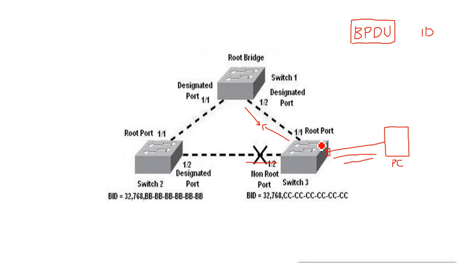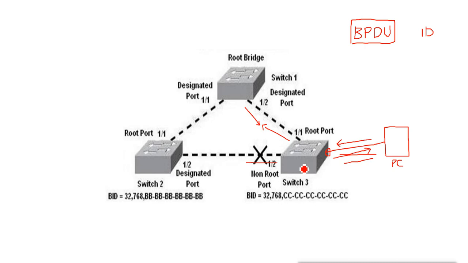That means if the port is in blocking state, it can accept any BPDUs coming from that port, but it will not send any BPDU to any other machine from that port. That is the blocking state.